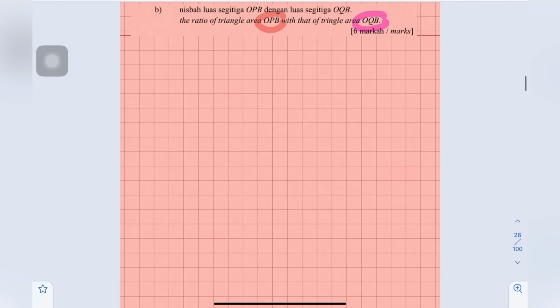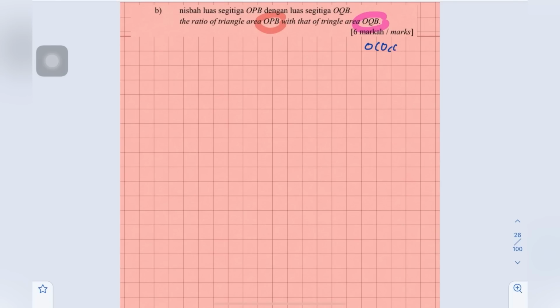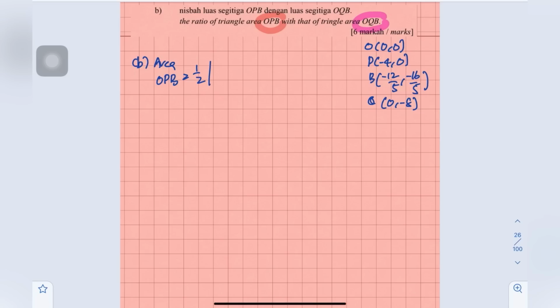So first of all, tadi kita ada 0, O is 0, 0, P is negative 4, 0, B is negative 12 over 5, negative 16 over 5, and Q is 0, negative 8. Okay, so now kita cari area OPB first. So 1 over 2, we arrange 0, 0, negative 4, 0, negative 12 over 5, negative 16 over 5, then back to 0, 0. Okay, so this one first.